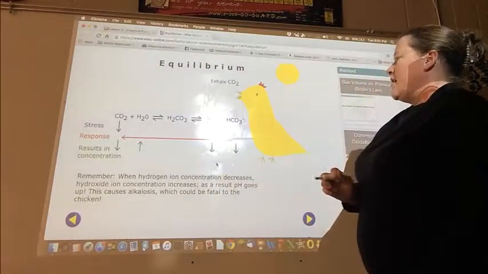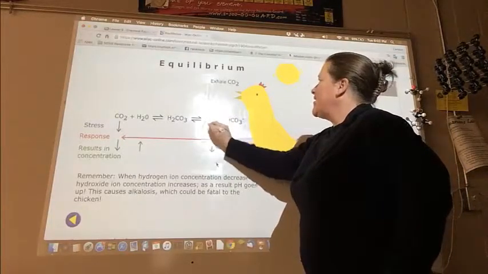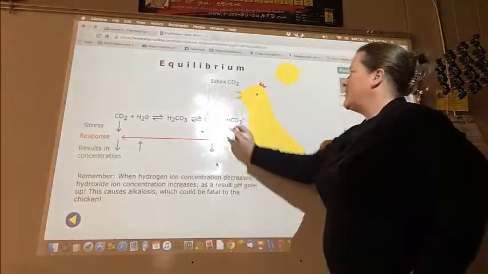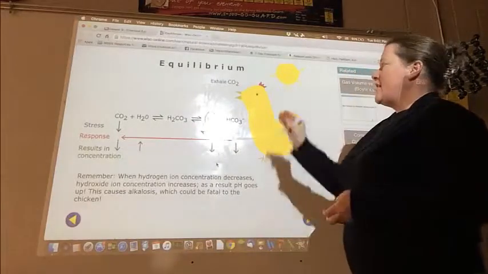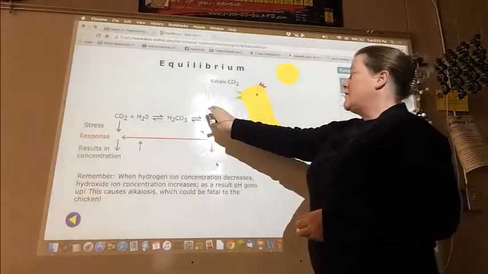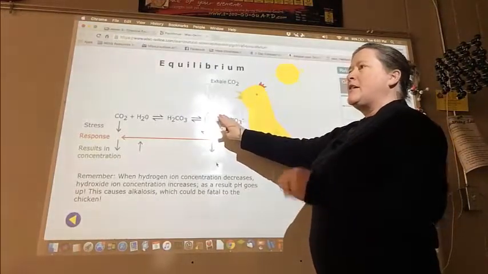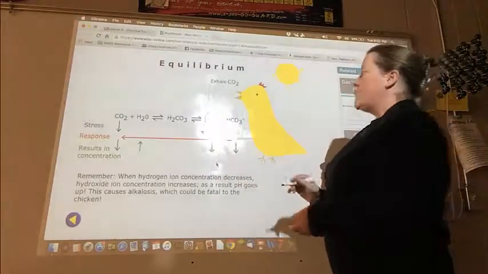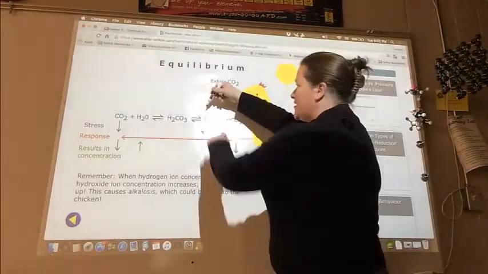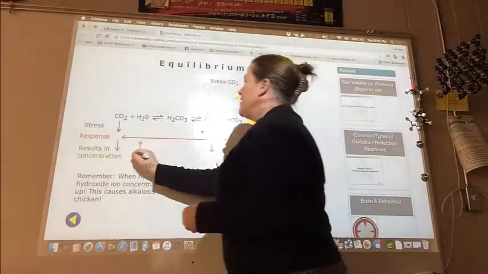Now, as a result, if we're decreasing this hydrogen ion concentration, we are removing hydrogen ions, and the hydrogen ions are what give the acid properties.